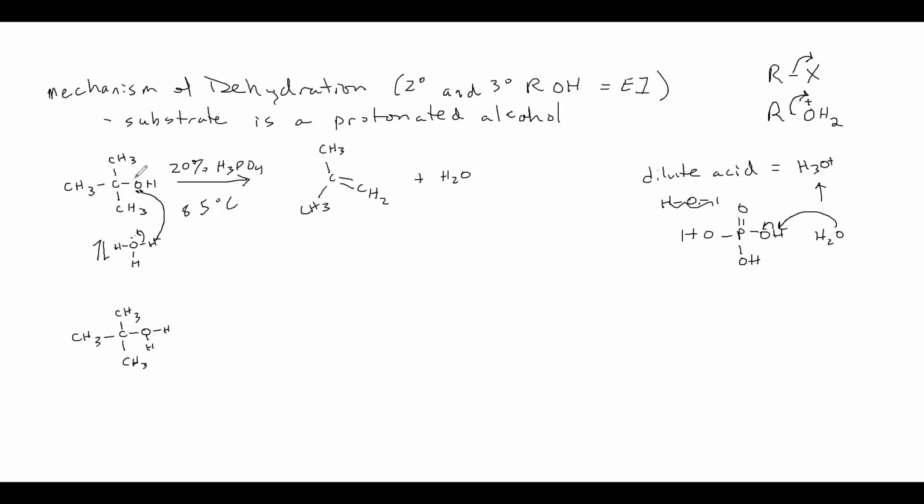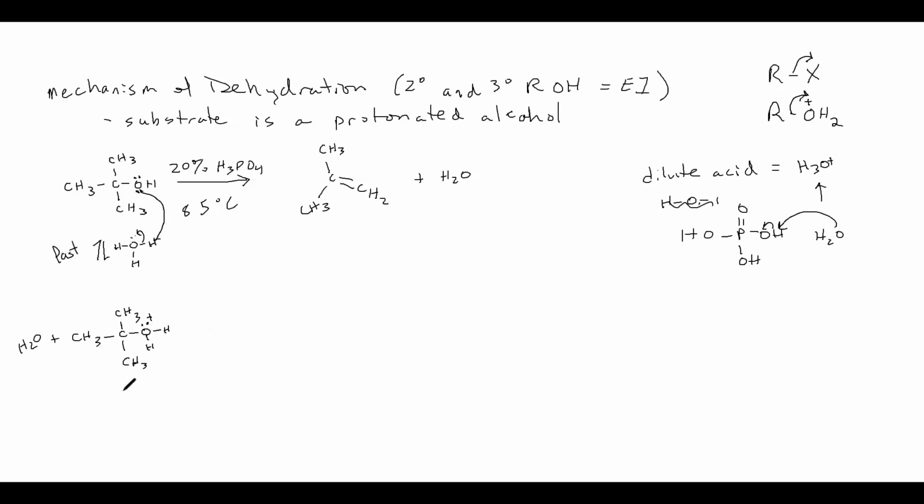And let me fill in the lone pairs here as well on the original alcohol. So this now has a lone pair and a plus charge, right? And we've produced a molecule of water. Write that off to the side there. Okay, so again, proton transfers are fast. They're also reversible. So we're using reversible arrows to show that this process goes back and forth. Okay.